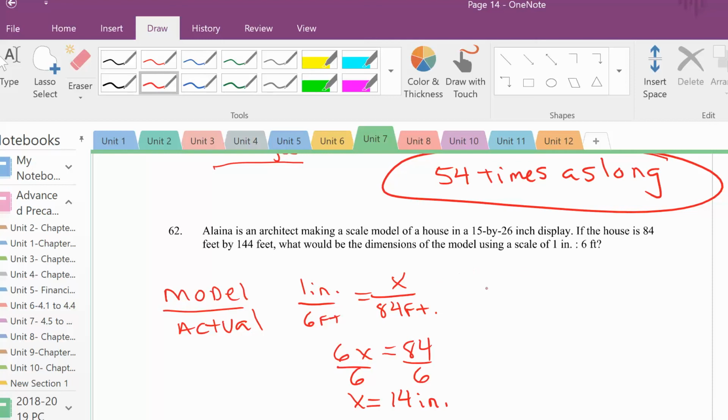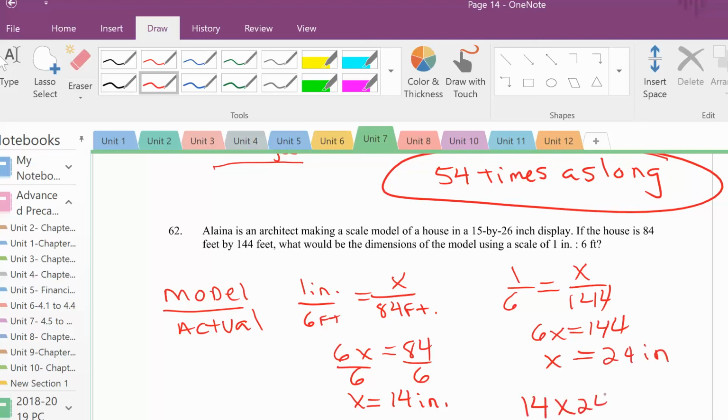And then 1 over 6 is equal to x over 144. So then 6x equals 144, and x equals 24 inches when you divide. So that means the dimensions of the model would be 14 by 24 inches.